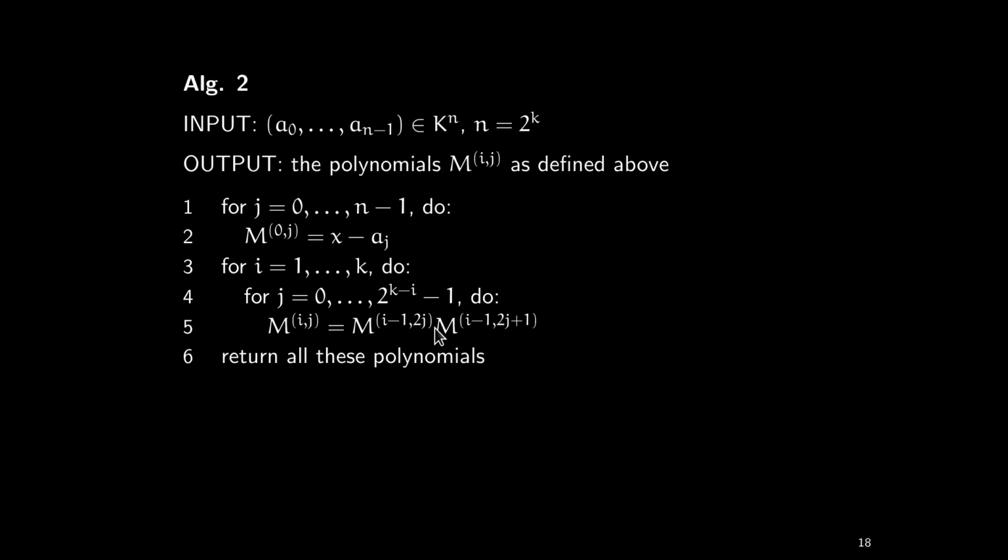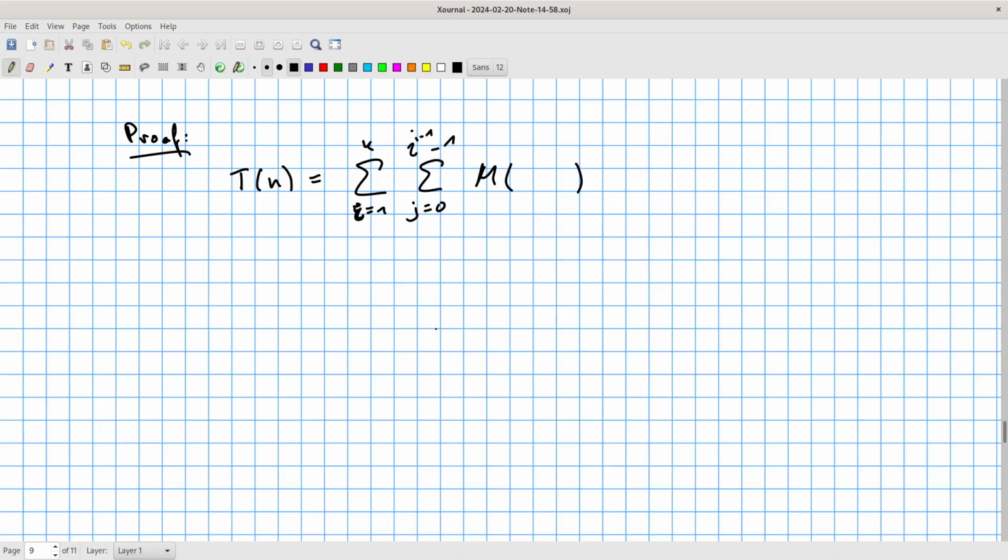Actually, this multiplication is the only point in the algorithm where I'm doing something. The other things either don't cost anything or cost things that we don't count, like increasing the loop counter. We count only field operations, and all the field operations happen in this multiplication here. Okay, so this is multiplication time of 2 to the i minus 1.